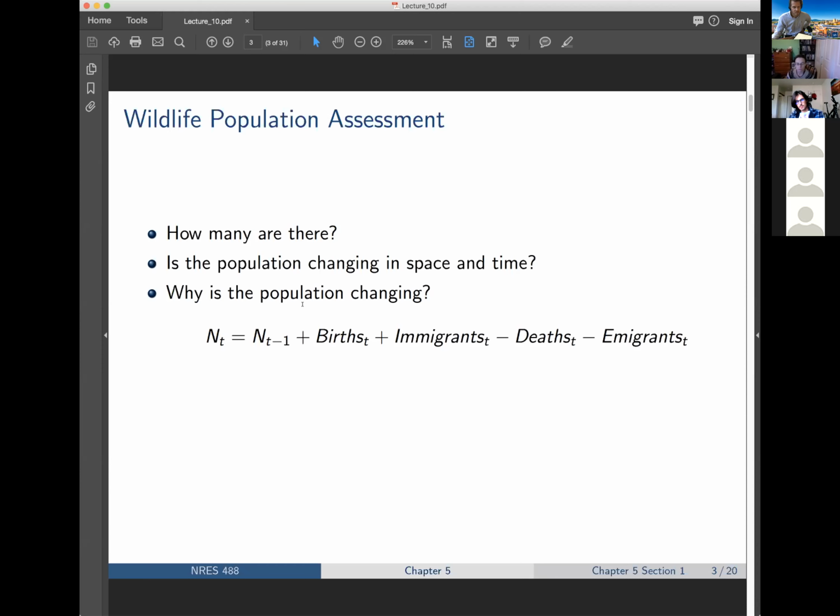So with this simple model, it covers a huge area, not only of population science, but also theoretical ecology, movement ecology, and lots of other questions.